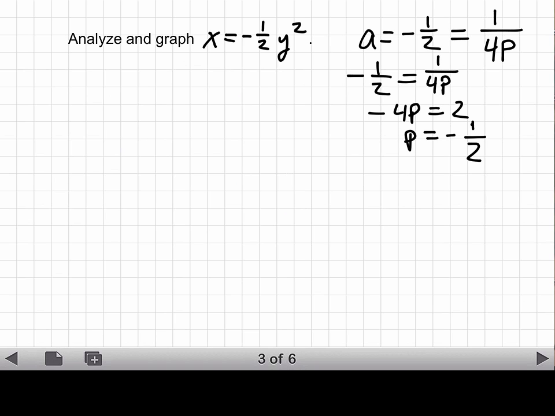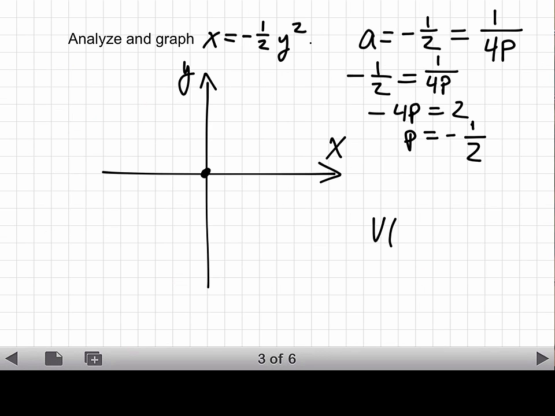What does it mean that it's negative? Well, that it opens in the negative direction. Since this is horizontally oriented, that means it's going to open to the left. So I have my axes here, labeled x and y. Vertex is at the origin. For record keeping, I'll write down that the vertex is 0, 0. Since p is negative 1/2, we're opening to the left.